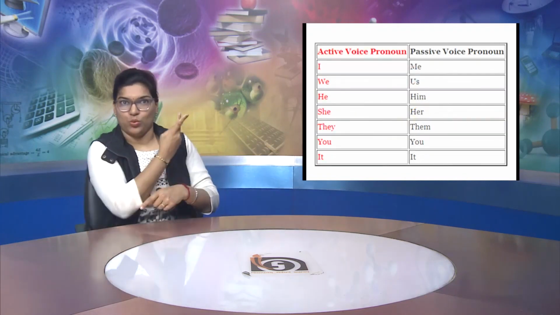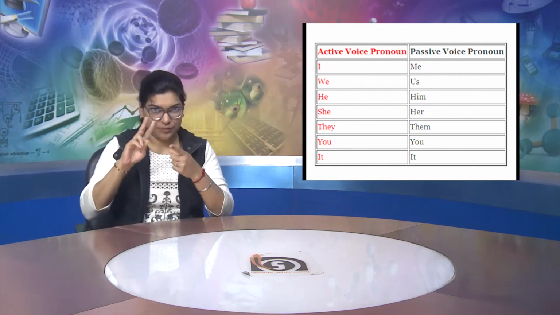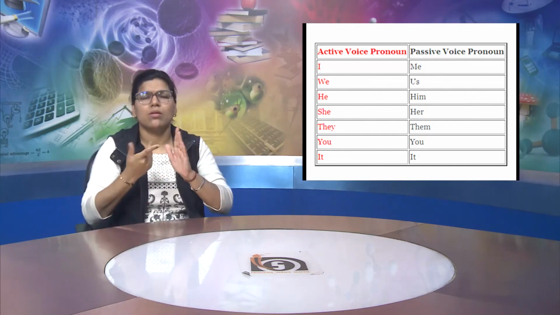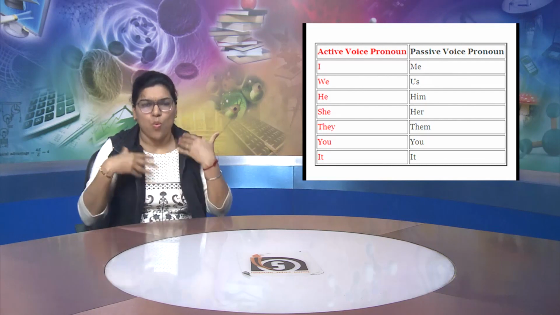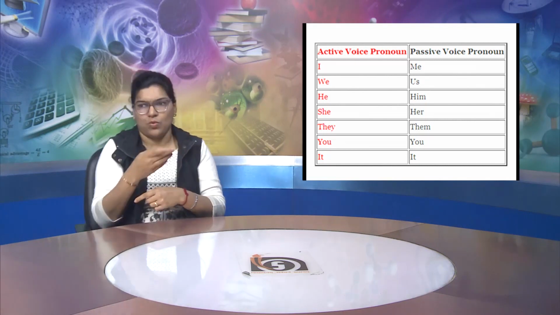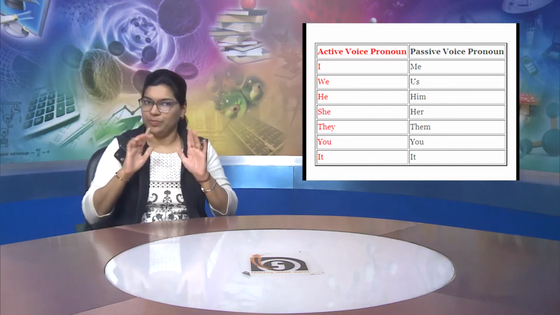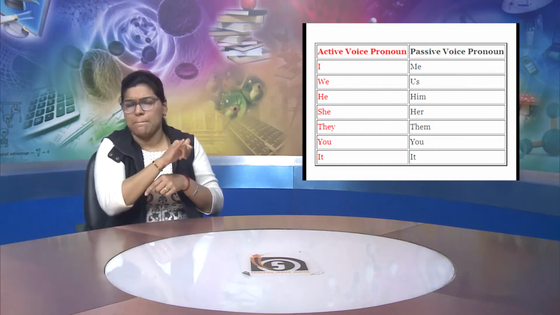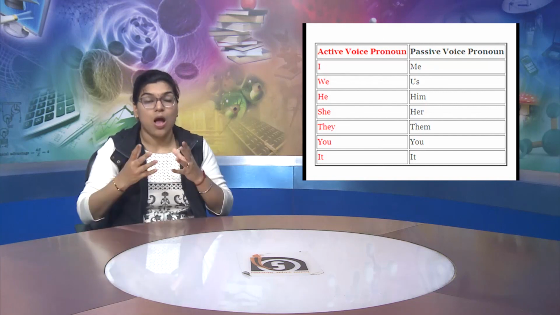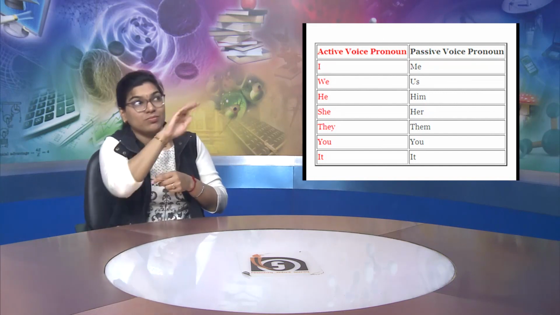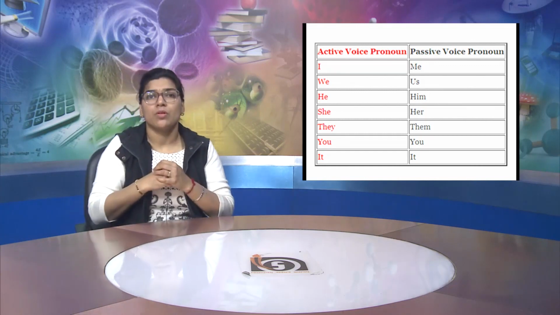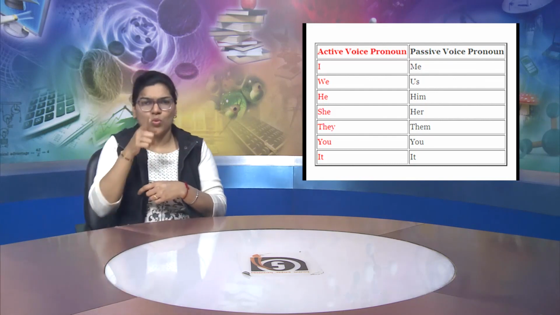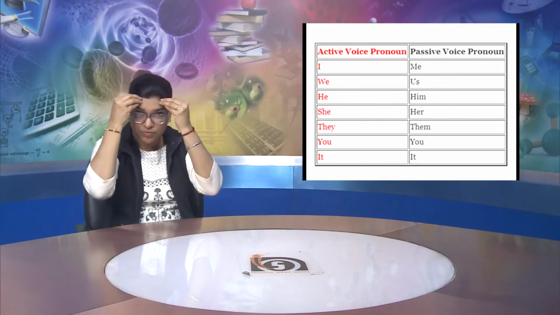As you can see in the table in the picture, the words are given in active voice pronouns and passive voice pronouns, such as I, we, he, she, they, you, it. Sentences in the active voice start from these words. But whenever we want to start a sentence in passive voice, we start it from me, us, him, her, them, you, it.